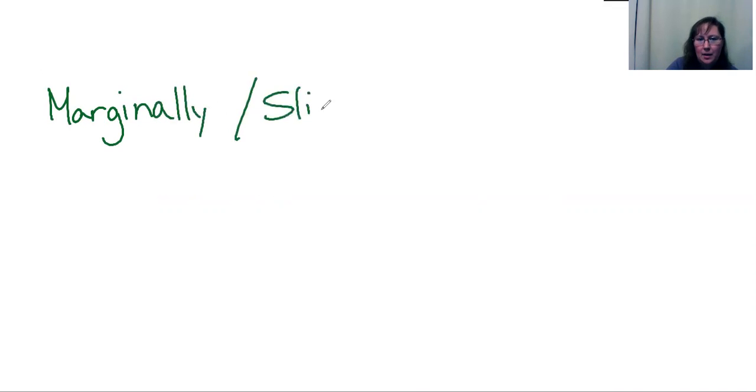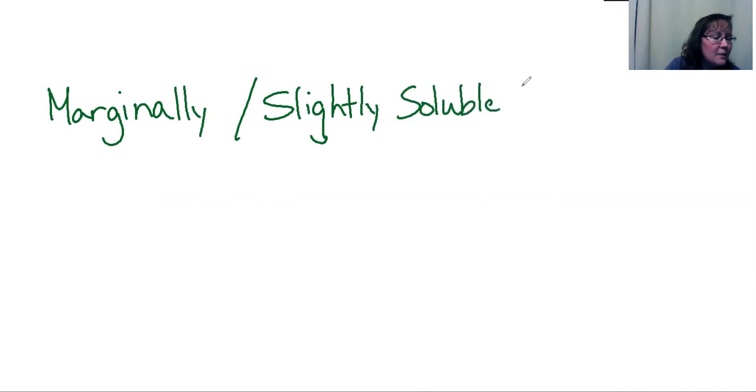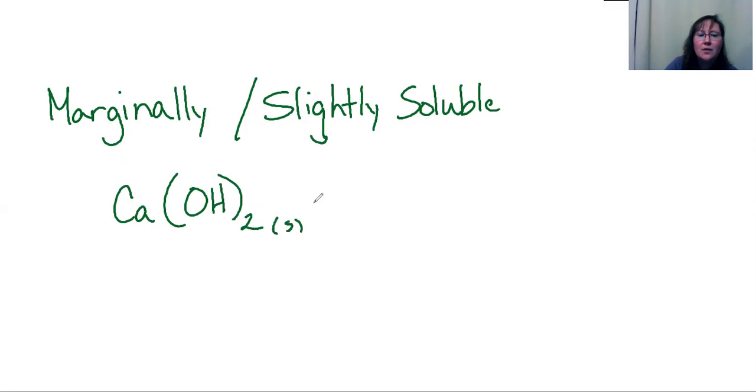Now let's look at a weird middle ground, and that is what we call marginally or slightly soluble. An example of something that's marginally or slightly soluble might be calcium hydroxide, and you'll be able to predict all these in a minute. Calcium hydroxide, Ca(OH)2, solid. So what does it mean to be slightly soluble?